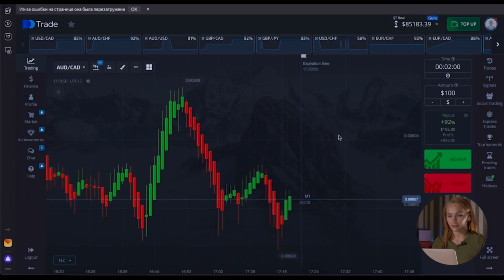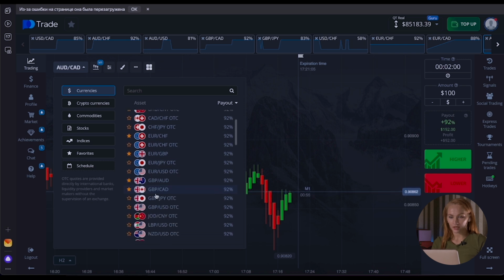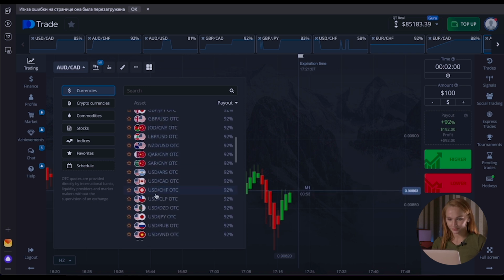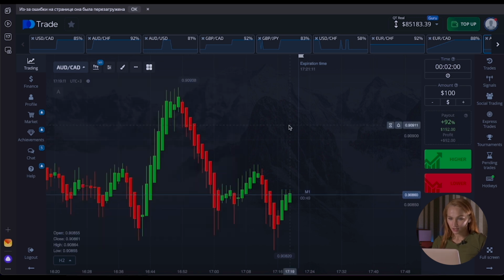Now let's get to practice. Let us have a look at how the indicator operates in the real trading settings. We're going to open the currency pairs, take the market pairs. I've already selected them. Now we're going to open the indicator itself.